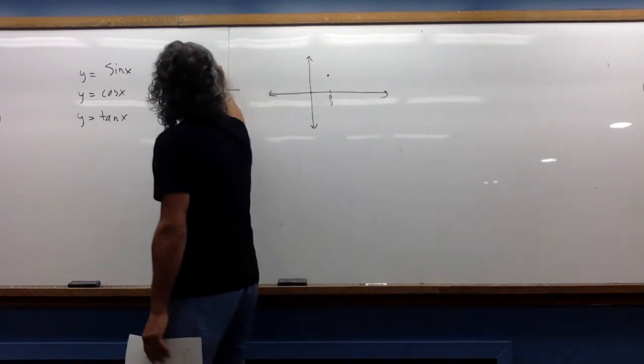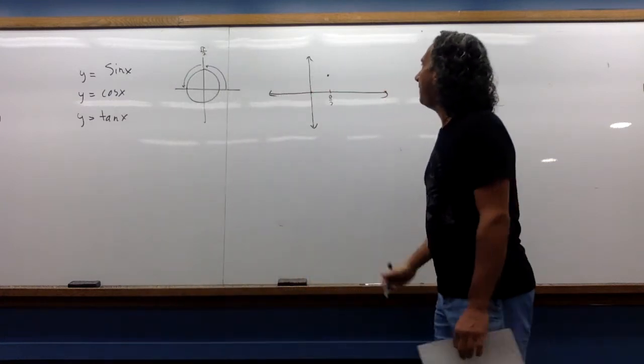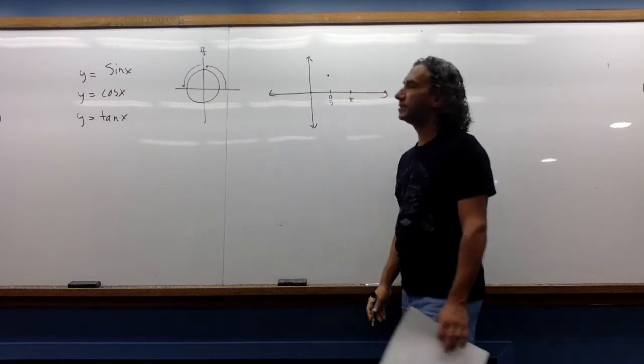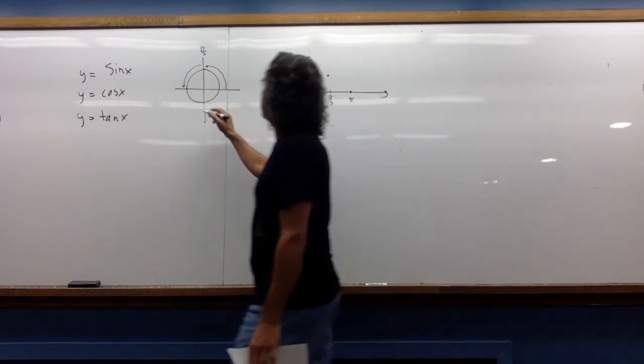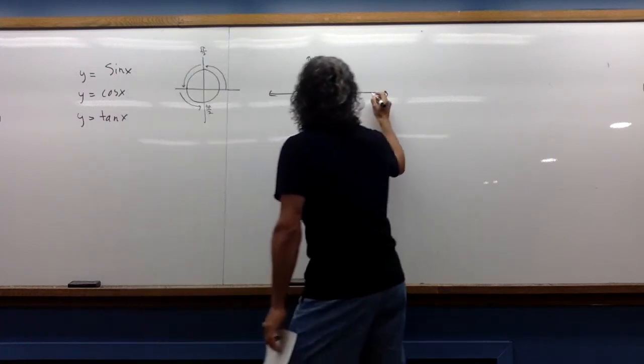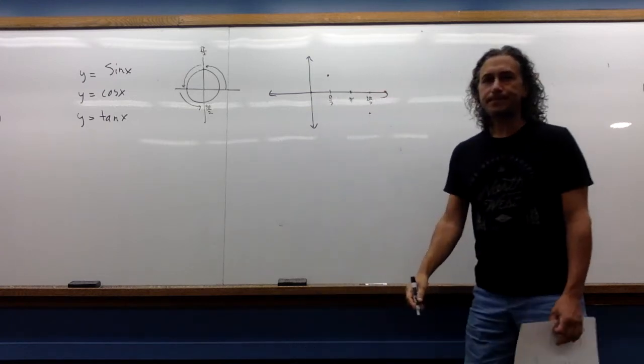Keep moving further. The y coordinate at pi radians is just 0. Next, we're at 3 pi over 2 radians. And it looks like the y coordinate is negative 1.